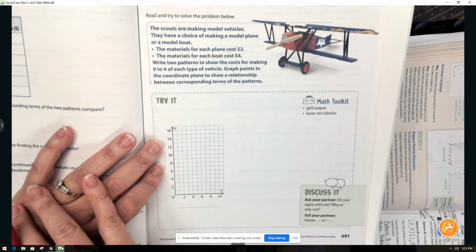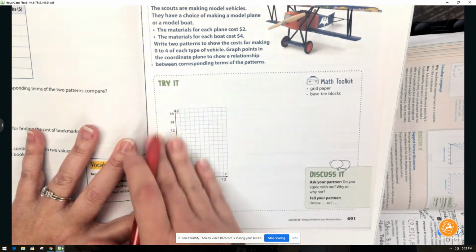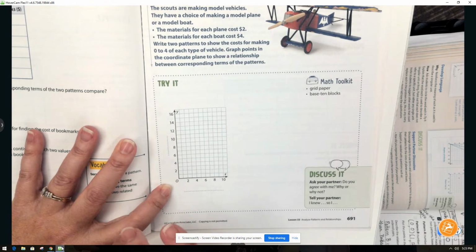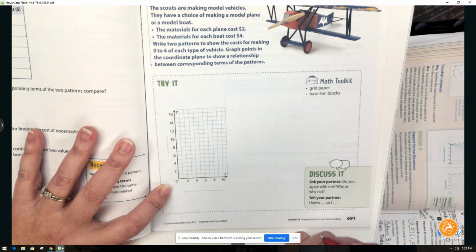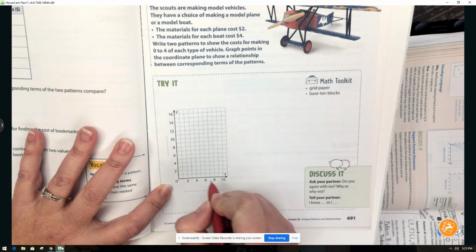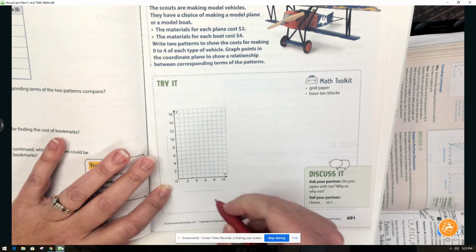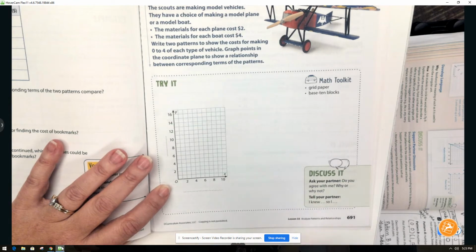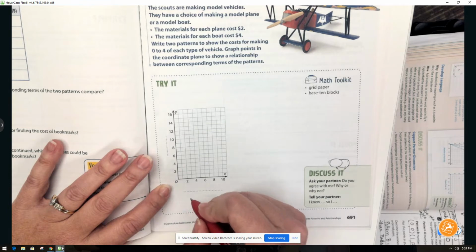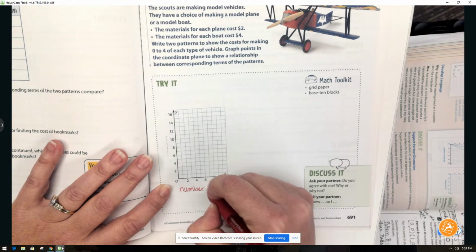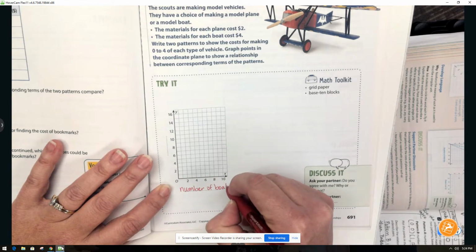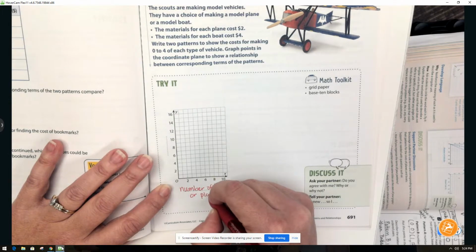So first, what I want to do is figure out how we want to do this graph here. And I'm going to do the graph a little bit differently than the graph that we're going to see on the next page, because I want you to see two different ways that this same data could be graphed. So down here on the bottom, I'm going to have this be the number of vehicles that we buy, so either the number of boats or planes.